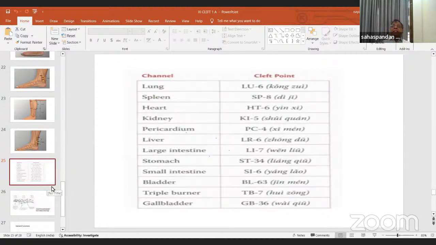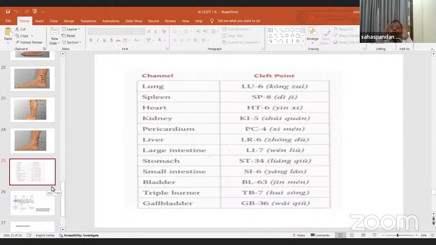So many advanced books define the Xi-Cleft point as being in areas where the channel pathway narrows and has a tendency to blockage and the accumulation of chi and blood.